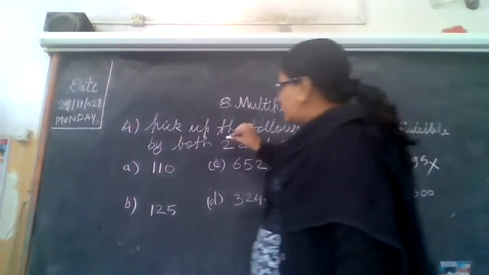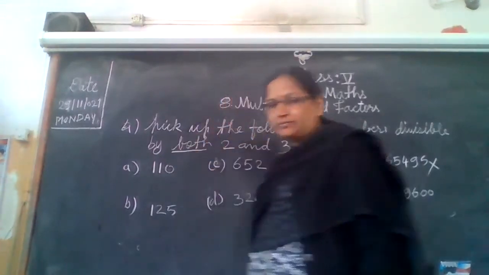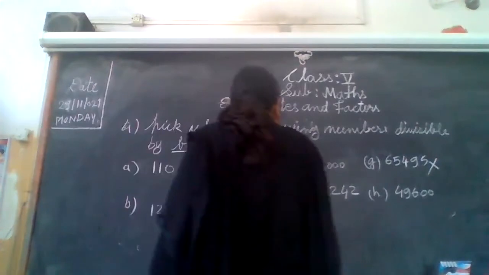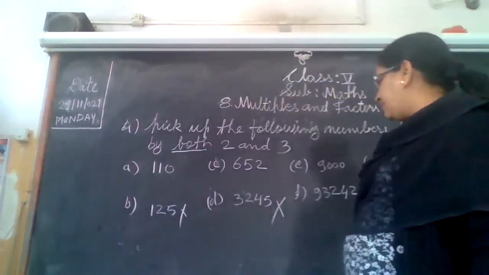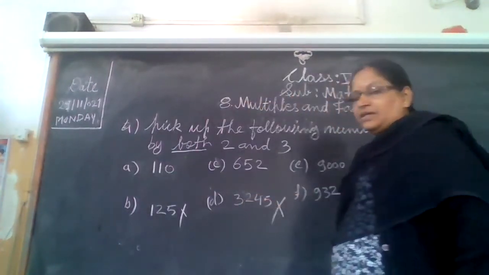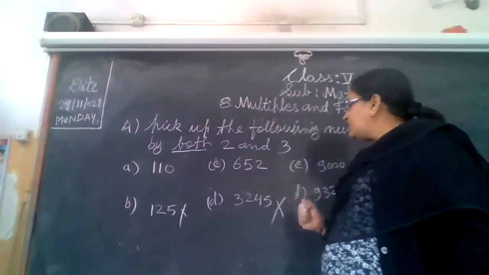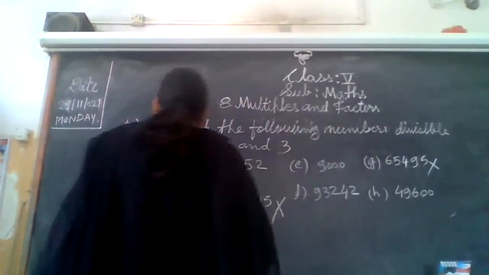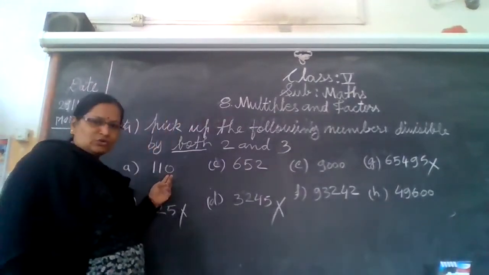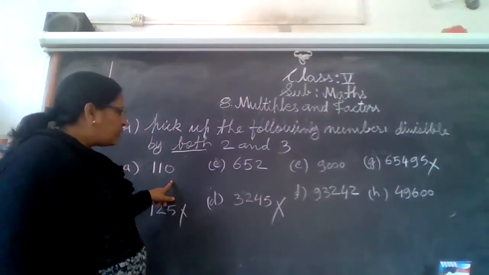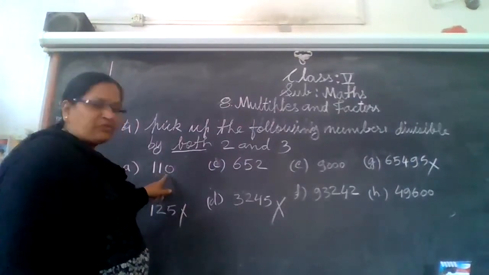So what is given? This number is also cancelled, because it has 5 in the unit place. Okay. So from the rest of the numbers, yes, it is divisible by 2, because it has 0 in its unit place. Okay. So it is granted for 2.